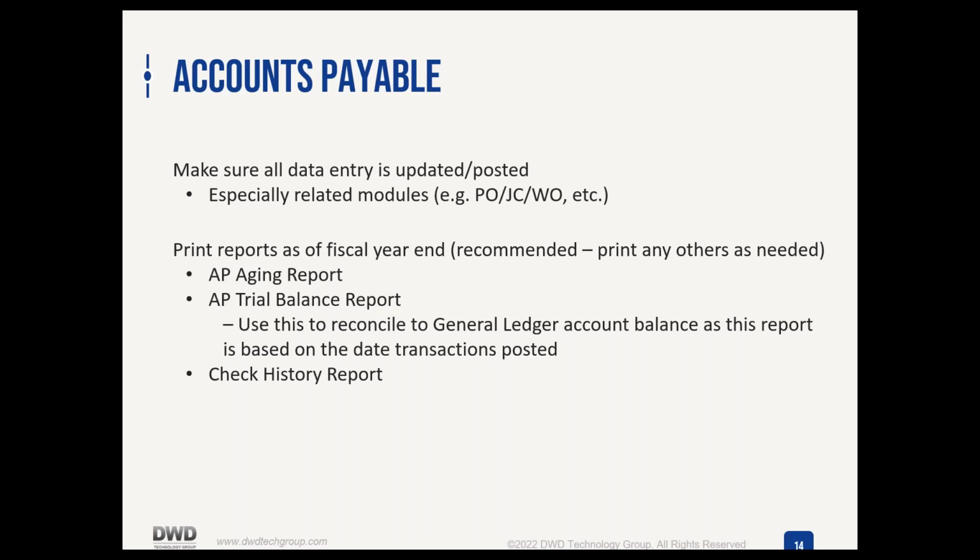That AP aging report is based on the invoice document date. Its sister report is the AP trial balance report. And this report is the one that we recommend to use to reconcile to the general ledger, because this report is based on the GL posting date, not necessarily the invoice document date.